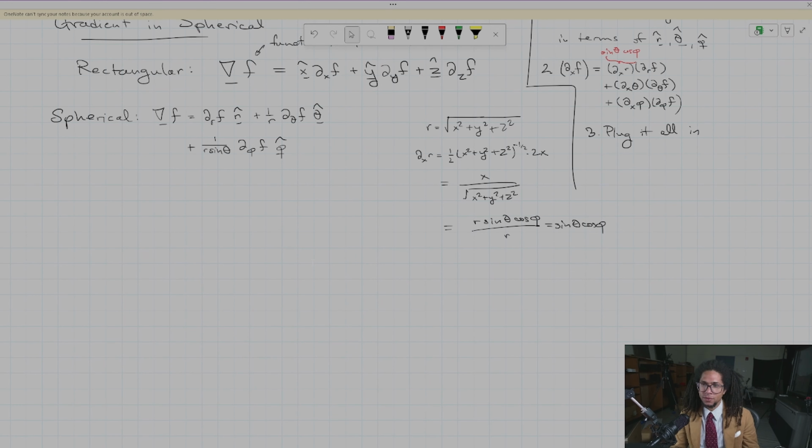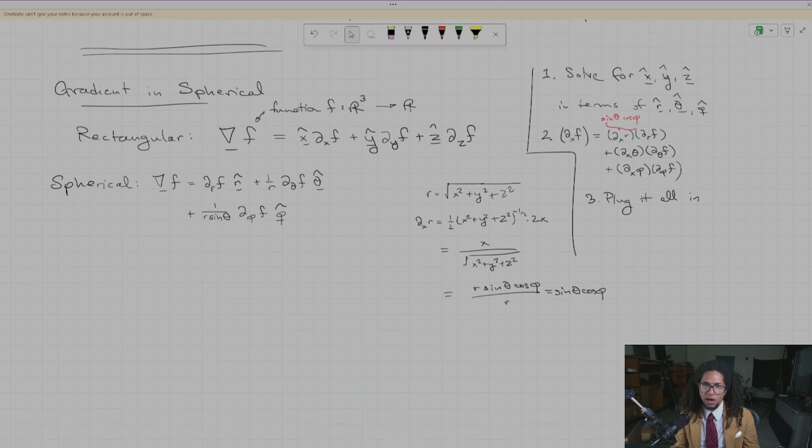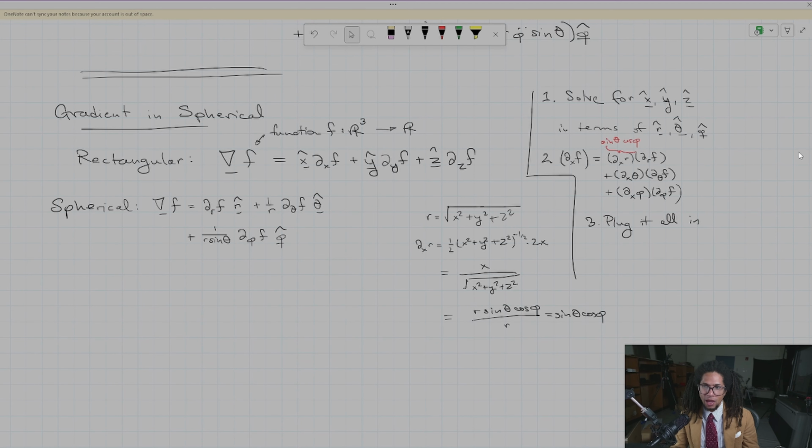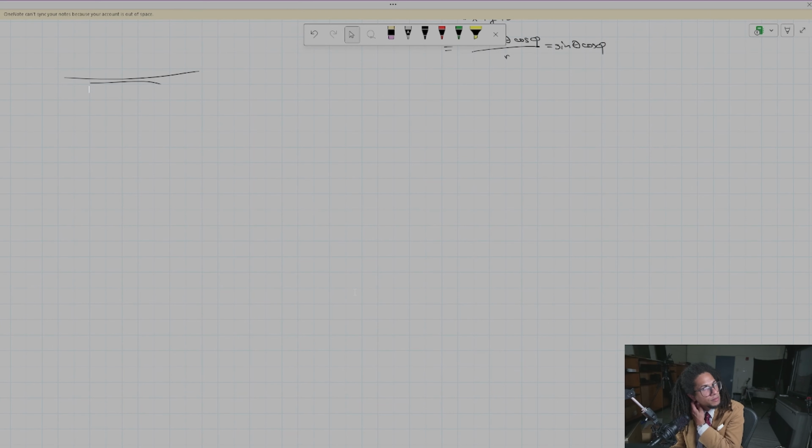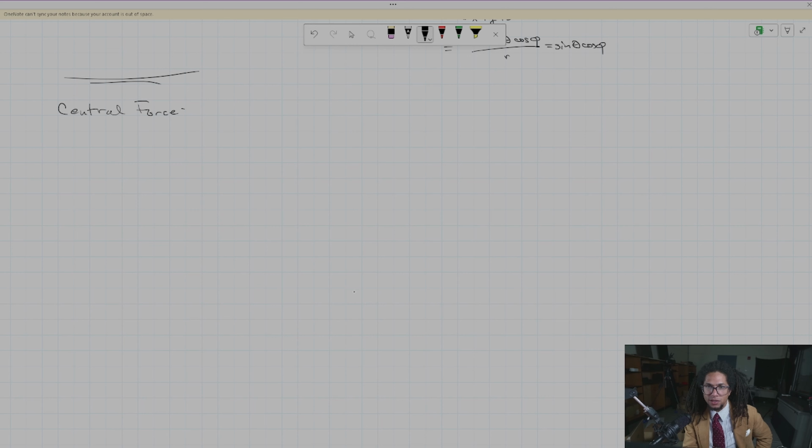All right. So now that we have this expression and we kind of know how we would derive it, let's go and do an actually important result. So I want to return to talking about central forces, which we already defined in a previous lecture. Recall that a central force is a force between two objects.